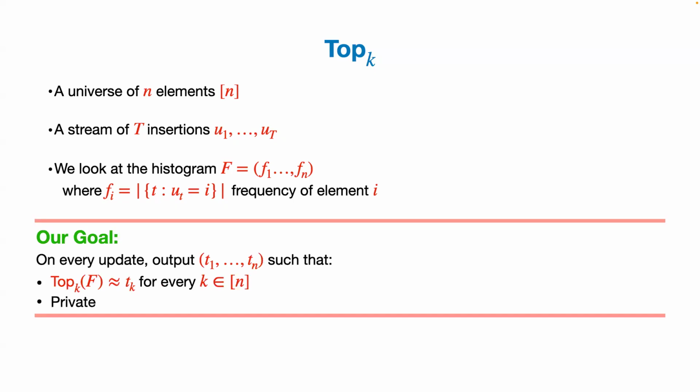And our goal is to have an algorithm that calculates all of the top K norms at each one of the updates. And also it's differentially private, where we take the neighboring definition to be that two sequences are neighboring if they differ in only one of the insertions at one of the time steps. So it's event level.